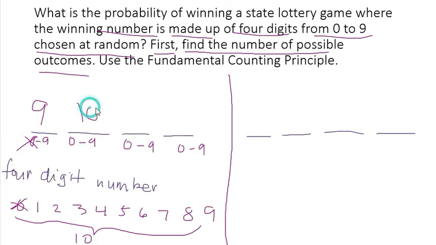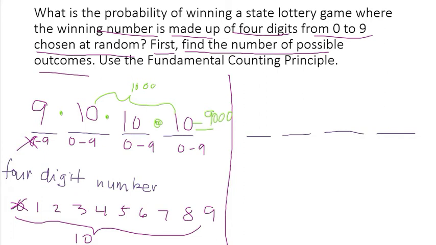Next, these will be 10 choices because 0 can be included. Now we will use the fundamental counting principle, so we just have to multiply them. We have 9 times 10 times 10 times 10, 10 times 10 times 10 gives us 1,000, and times 9 gives us 9,000.